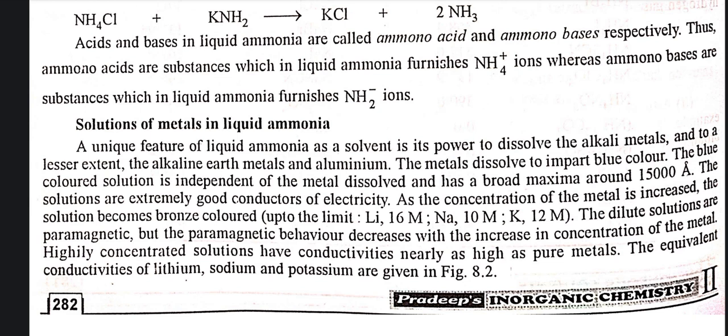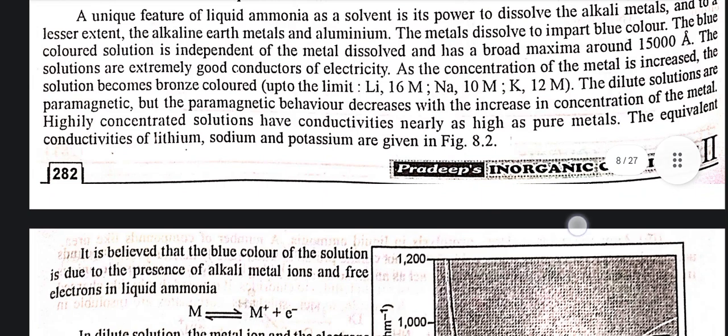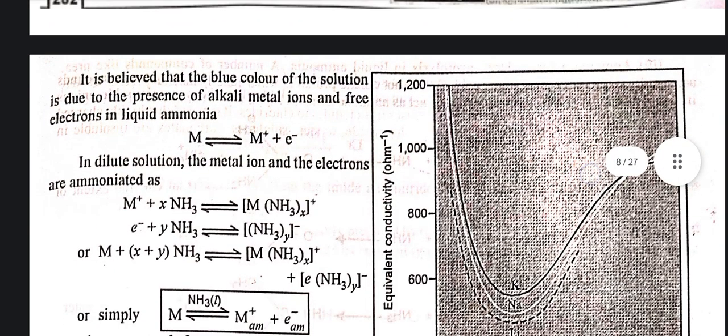The equivalent conductivities of lithium, sodium, and potassium are given. It is believed that the blue color of the solution is due to the presence of alkali metal ions and free electrons in liquid ammonia. In dilute solution, the metal ion and the electrons are ammoniated.